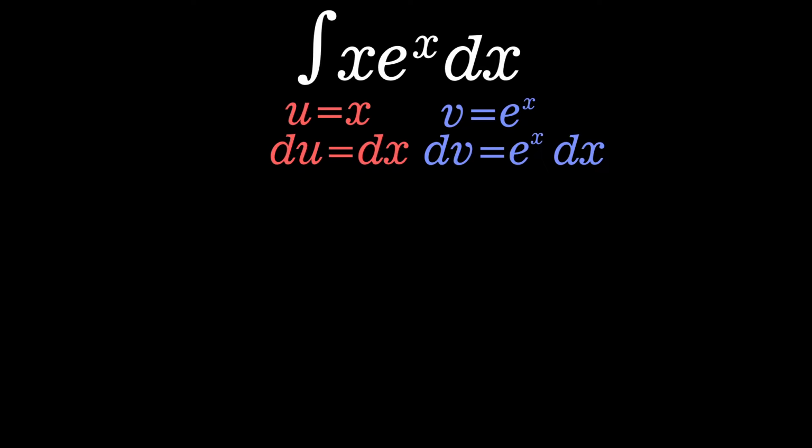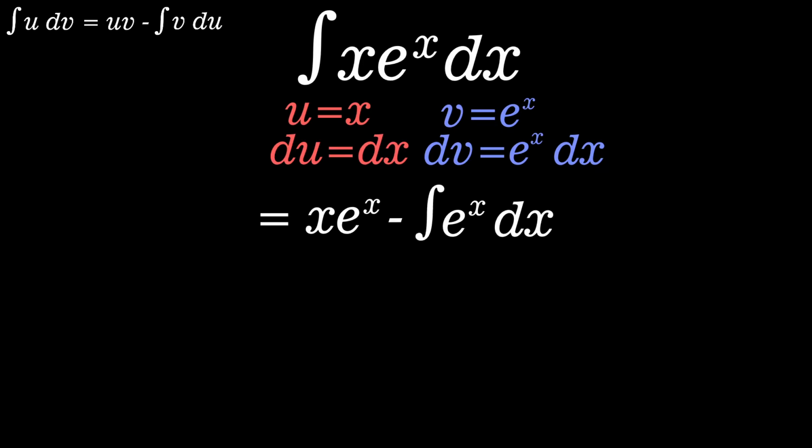We can now simply plug this in, just like we would for the product rule for derivatives. Our u and v multiply together to get the first part of the formula, which is x times e to the x. And then we subtract that by the antiderivative of v du, which is e to the x dx. We only have one more step, which is to solve for the antiderivative of e to the x.